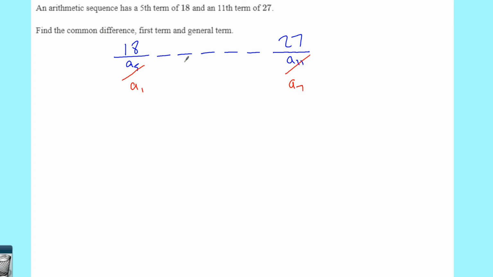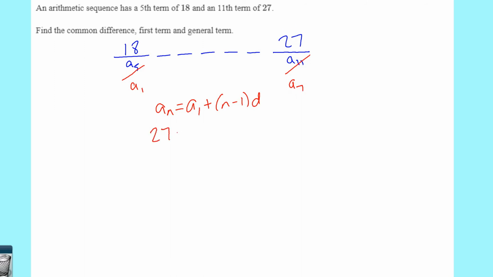So we have the first term and the 7th term. Well, think about it. The nth term is found by doing the first term plus n minus 1 times the difference. So in this case, the nth term is going to be our 7th term, or 27.